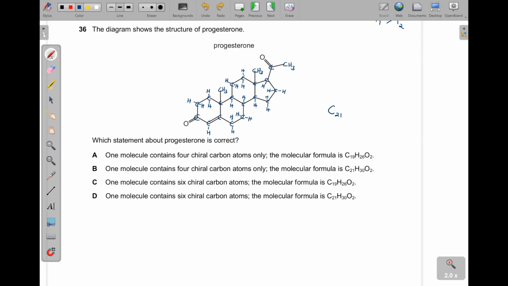Let me repeat this: 3, 4, 5, 6, 7, 8, 9, 10, 11, 12, 13, 14, 15, 16, 17, 18, 19, 20, and so on up to 28, 29, 30. So there are 30 hydrogens.